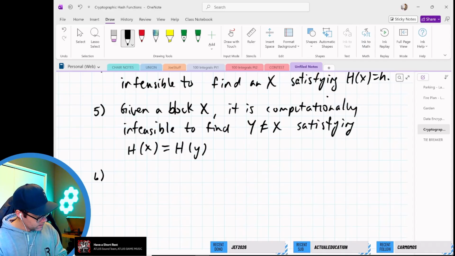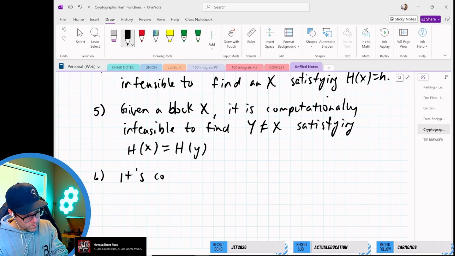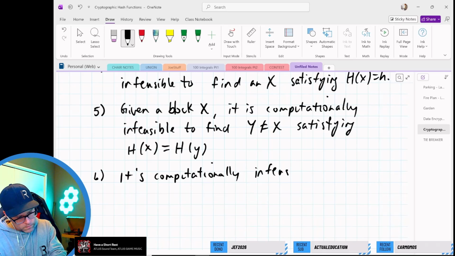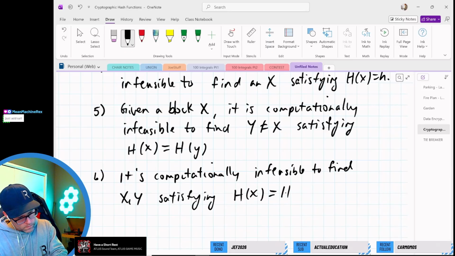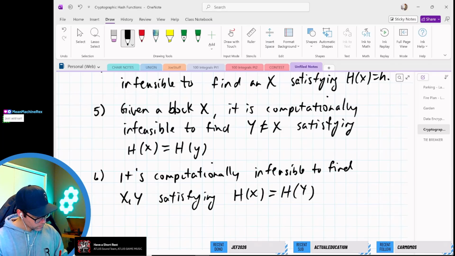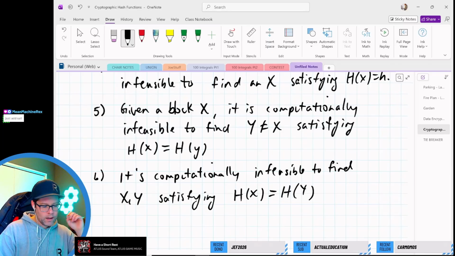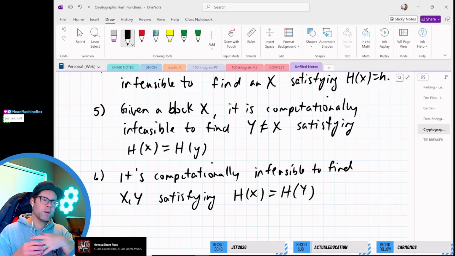And then finally, we want to make this a little bit stronger in property 6. Six just takes us up a notch.